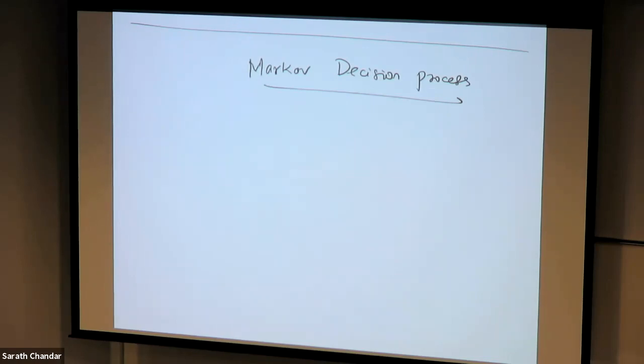Now, what is a Markov decision process? It has three major components. Can someone tell me what the three major components are? State, action, reward. So you have states, actions, and rewards. And specifically, we were looking at finite MDPs.